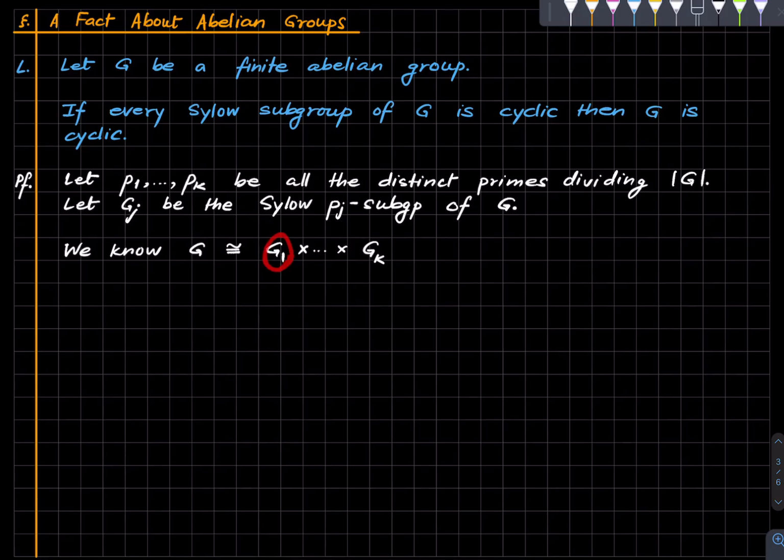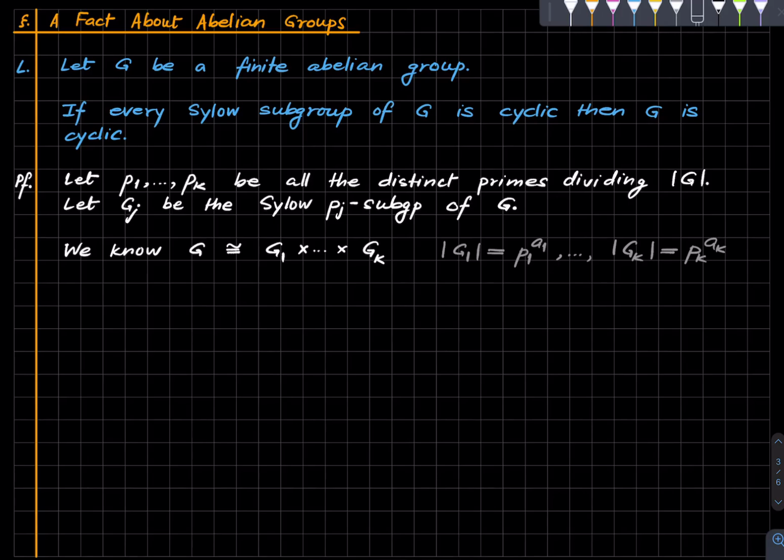Let's say the size of G1 is p1 to the power a1, and so on; the size of Gk is pk to the power ak.